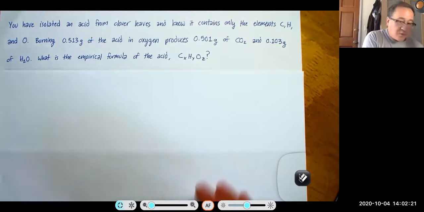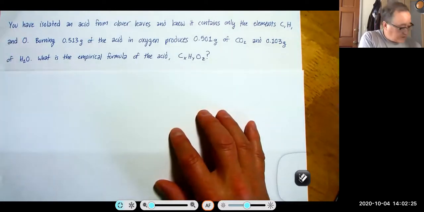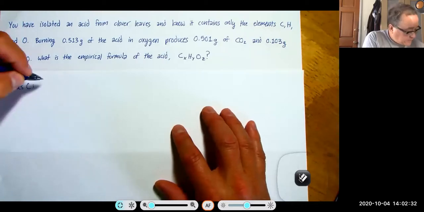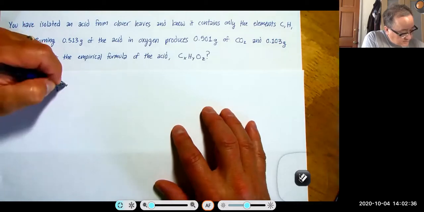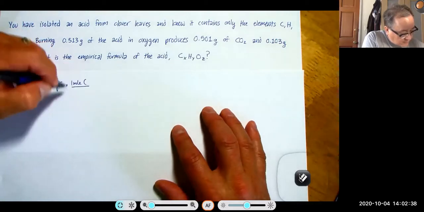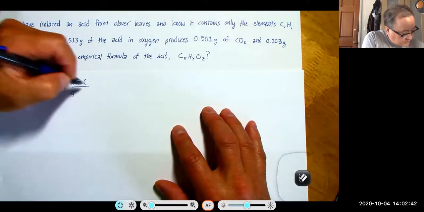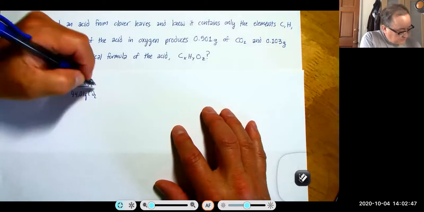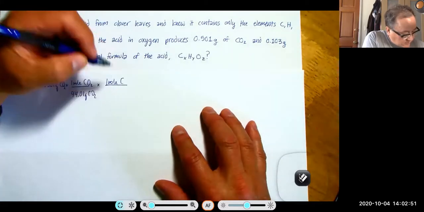So remember, we're going to treat this just like it was a hydrocarbon, which is carbon and hydrogen at first. And the first thing I'm going to do is calculate the moles of carbon. And that's going to be 0.501 grams of CO2 times 1 mole of CO2 per 44.01 grams of CO2, and then 1 mole of carbon to 1 mole of CO2.